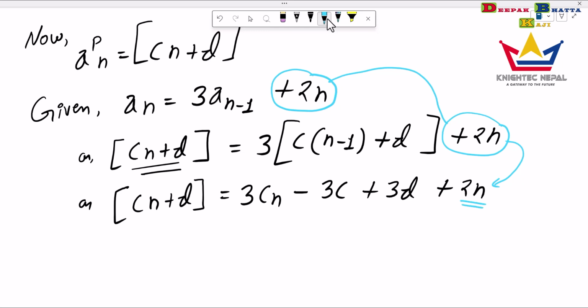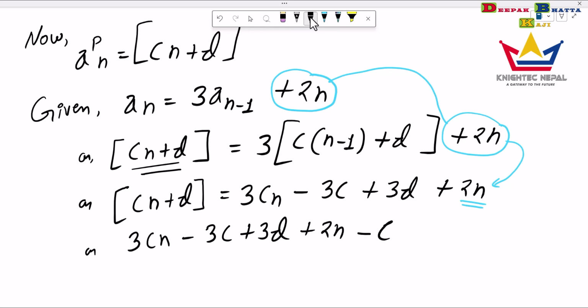So now 3Cn minus 3C plus 3d plus 2n minus Cn minus d equals to 0.